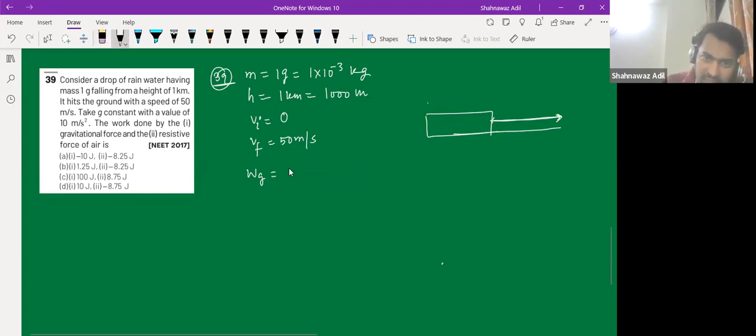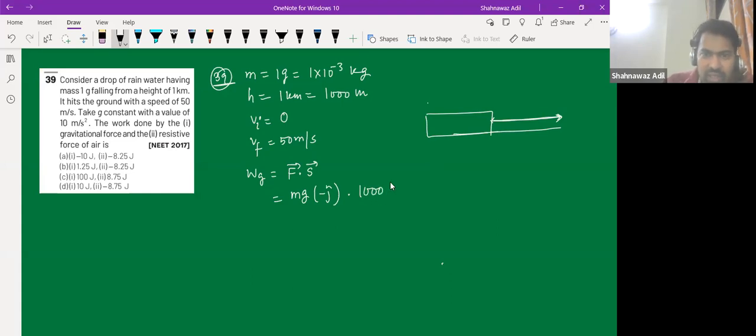So F dot S. F is m g, and this is minus g j hat, dot S. This S is 1000 meter, right?